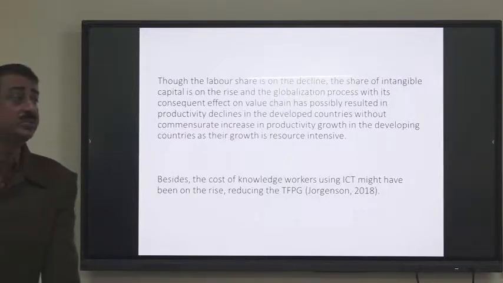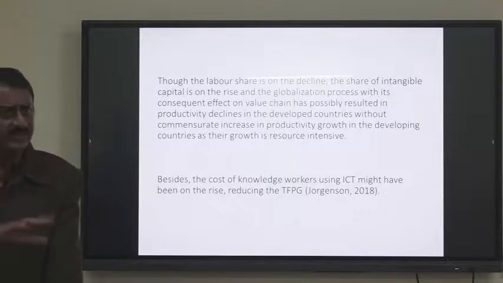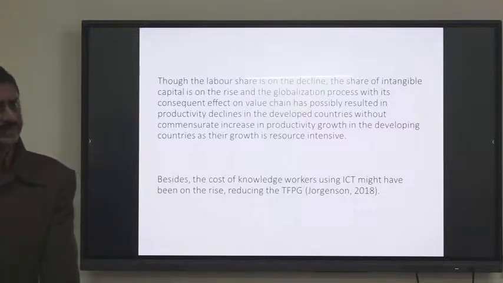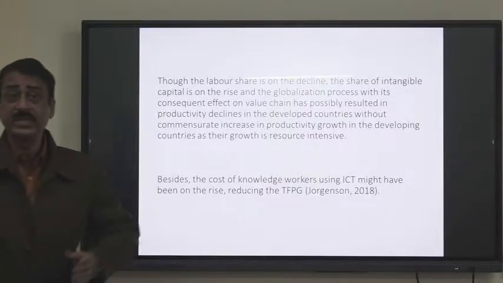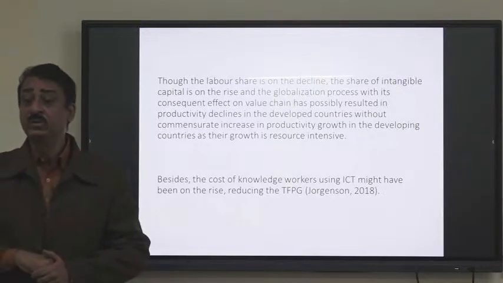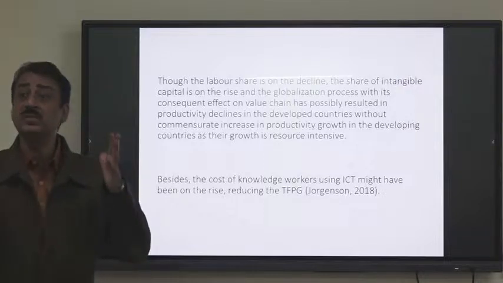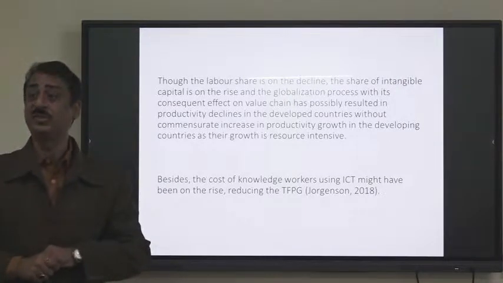What we are able to see is that the physical capital price is increasing, true, but not so much in comparison to the intangible capital price. Intangible capital price is enormously large. Even after creating the European Union, you will be surprised to see that there is tremendous competition among each of the countries.